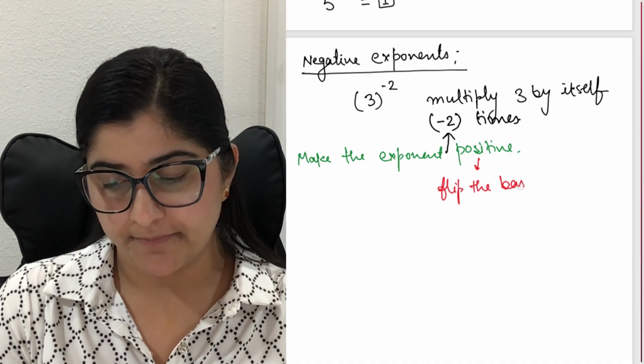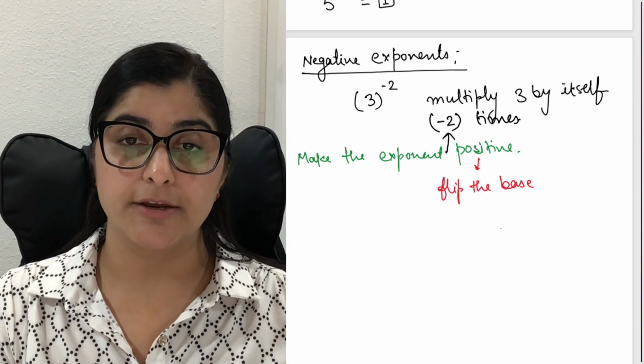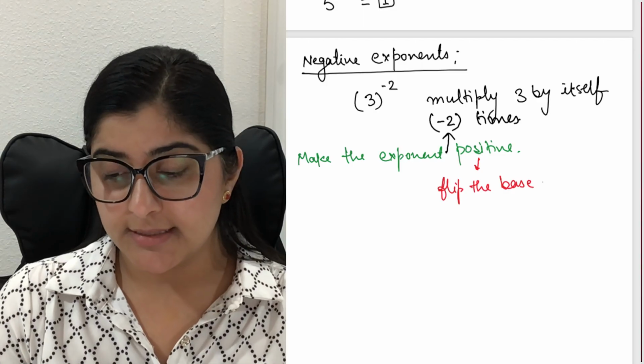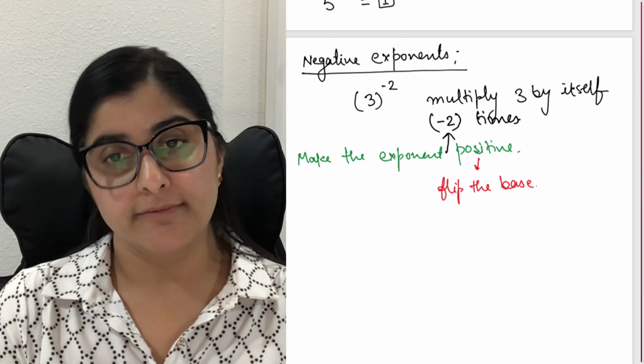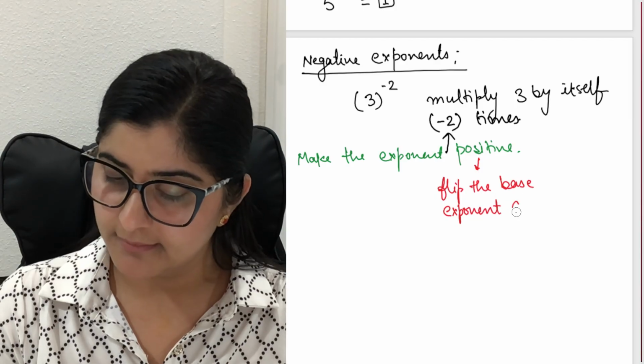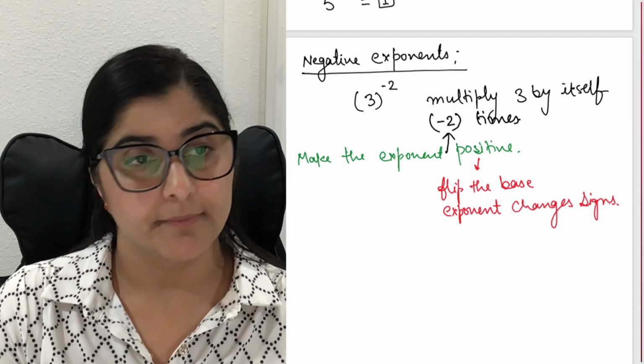Flip the base. If the base is in the numerator, it goes in the denominator, and the denominator goes in the numerator. When you flip the base, the exponent becomes positive automatically. It changes sign.